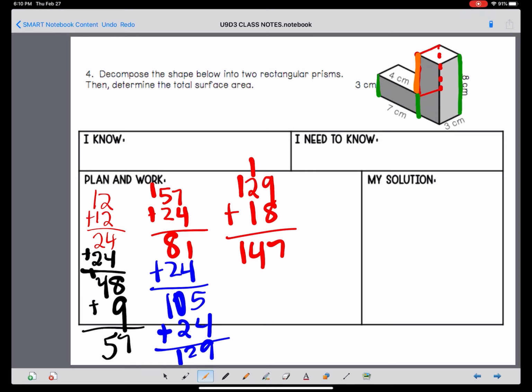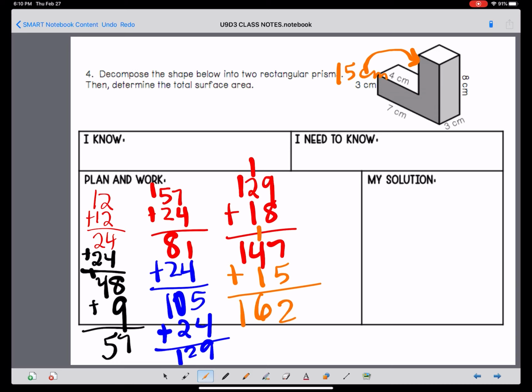And we already found this length right here, and it was 3. So 3 times 5 gives us 15. That just barely gave us the back wall that we can't really see. So let me go ahead and erase that so you can try and visualize. 15 is that sneaky thing that's hiding behind the corner over there. 15 centimeters. Let's go ahead and add that to our 147.